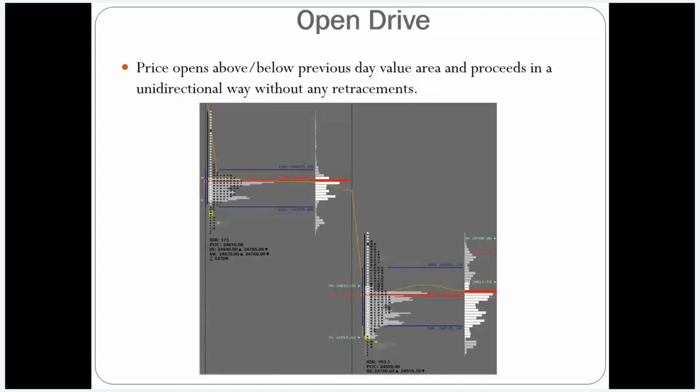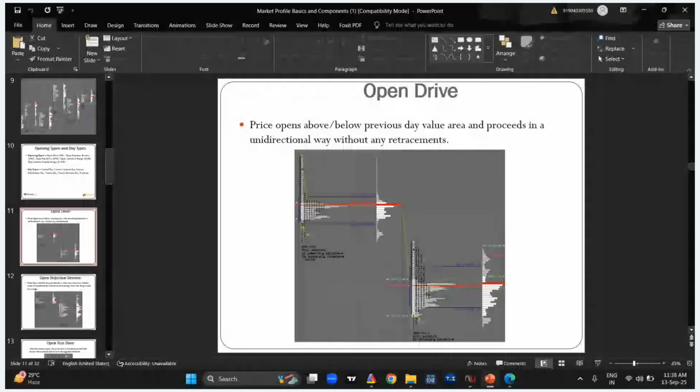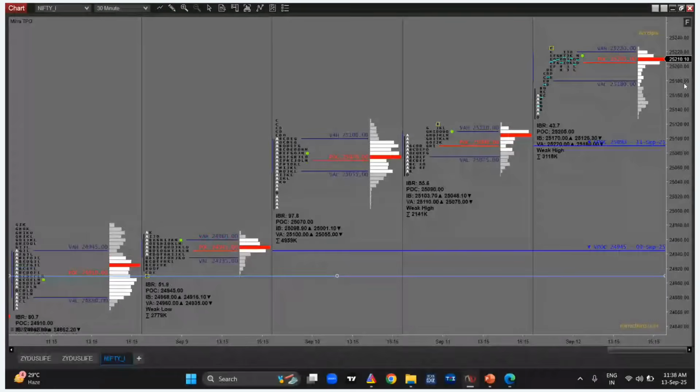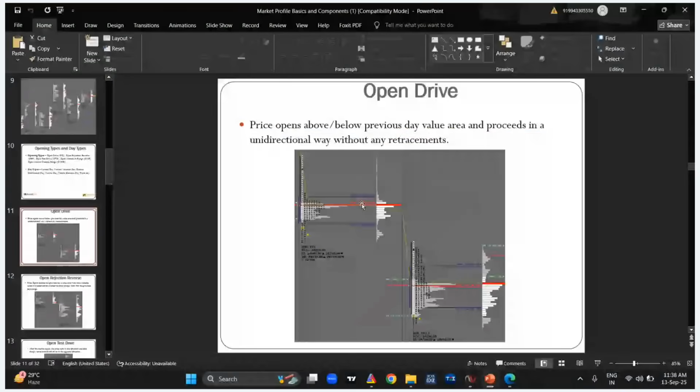Let's try to find in the chart whether we have an open drive. Yes, this is an open drive on Friday. See the conditions: price opens above or below the previous day's value area and proceeds in a unidirectional way without any retracements.